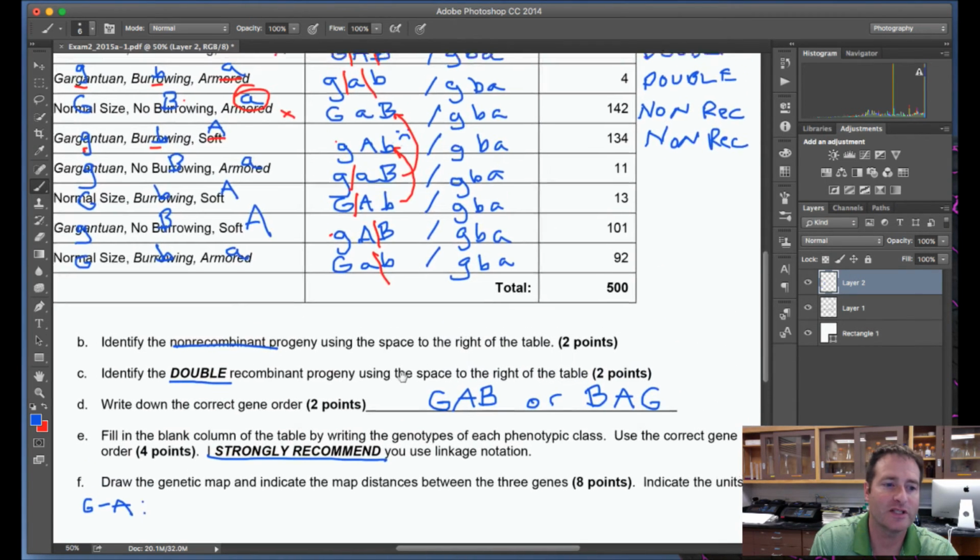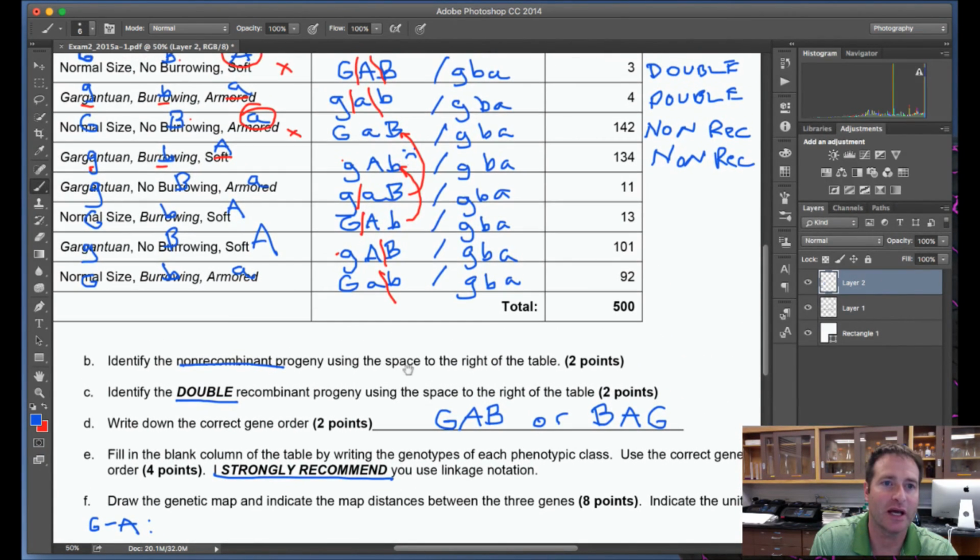So, where did we see a recombination between G and A? Here, here, here, and here. So the numbers we want to use are 11 plus 13 plus 3 plus 4.